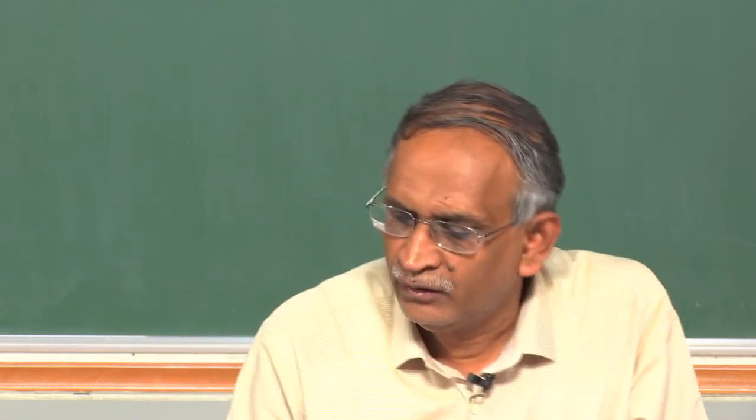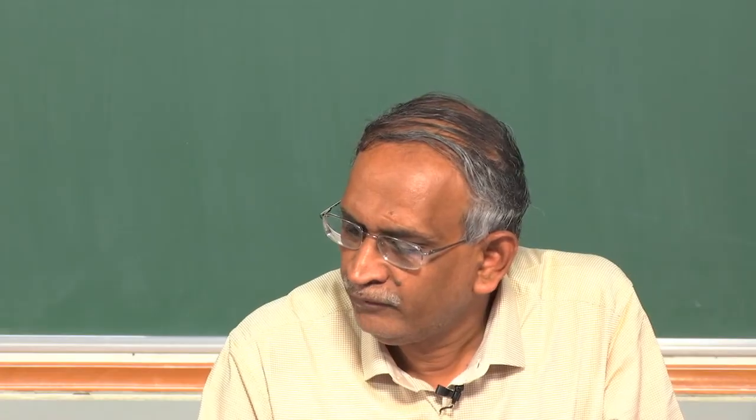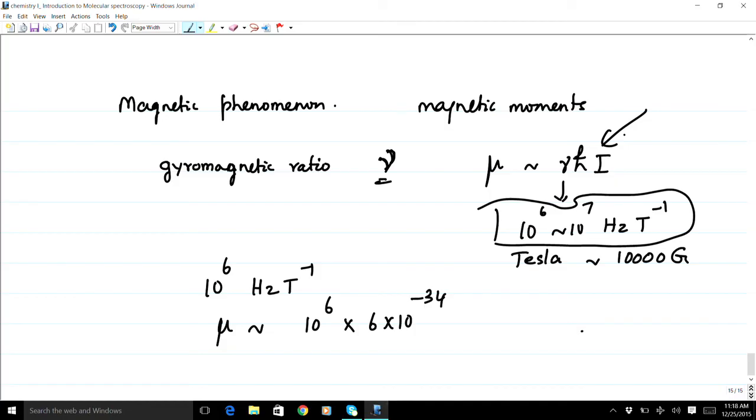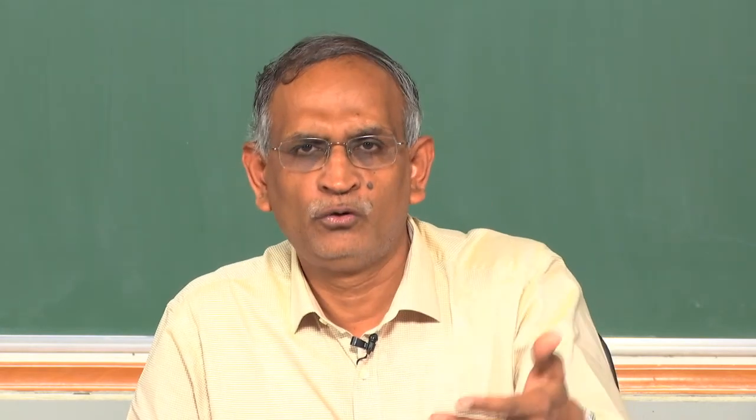So, if you are looking at nuclei with the gyromagnetic ratio of this order, 10 to the 6, for example, hertz per Tesla, then the magnetic moments are approximately this multiplied by the 6 into 10 to the minus 34 joules, and the quantum number I is usually 0, 1 half. 0 is not very useful to us. 1 half, 1, 3 halves, 2 and so on.